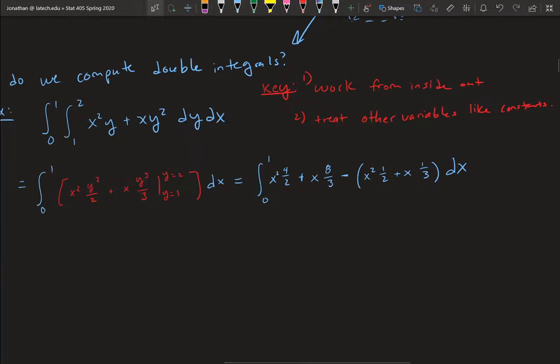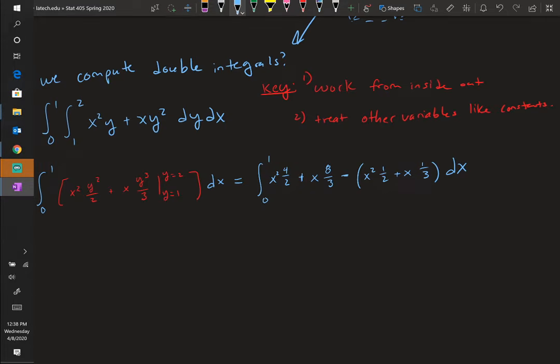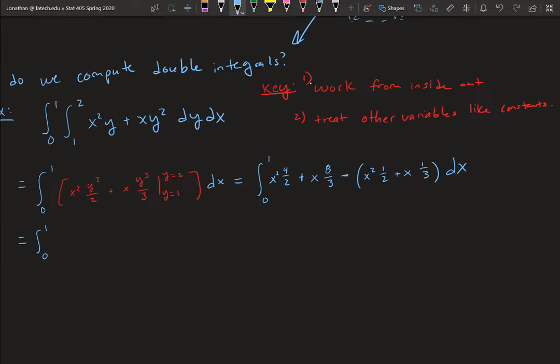Now we combine everything. So this is going to be the integral from 0 to 1 of x squared times 4/2 minus 1/2, which is 3/2, plus x times 8/3 minus 1/3, dx.